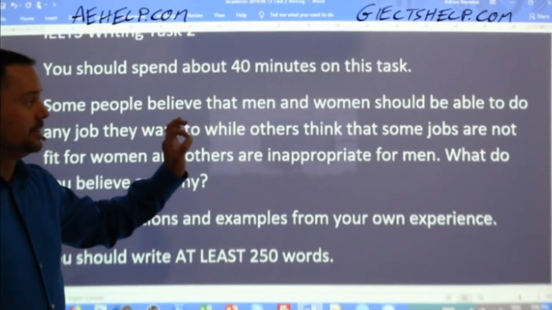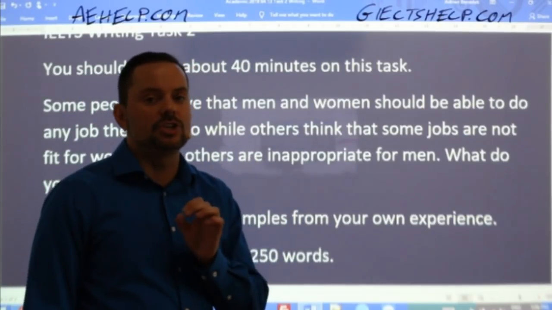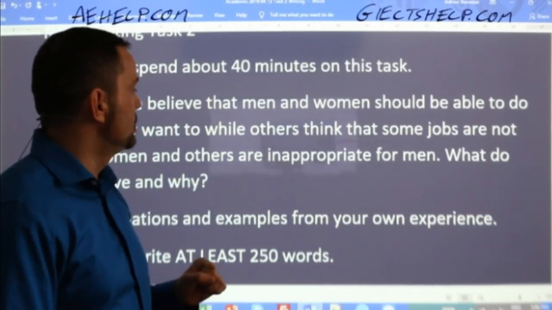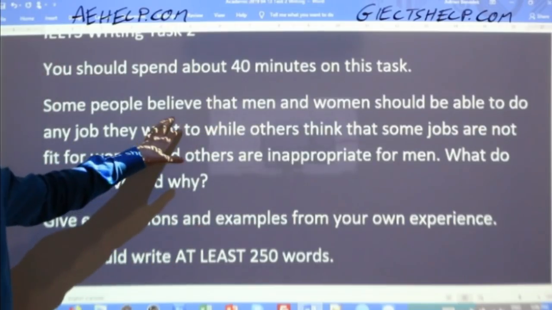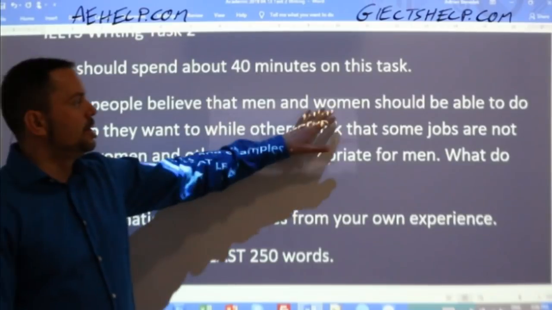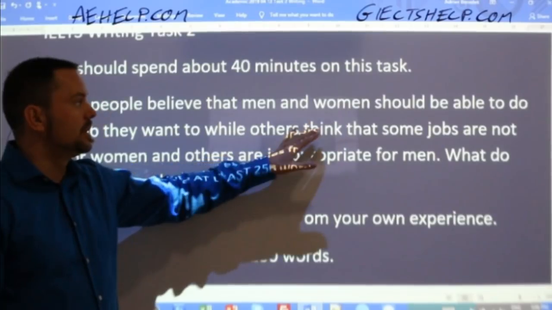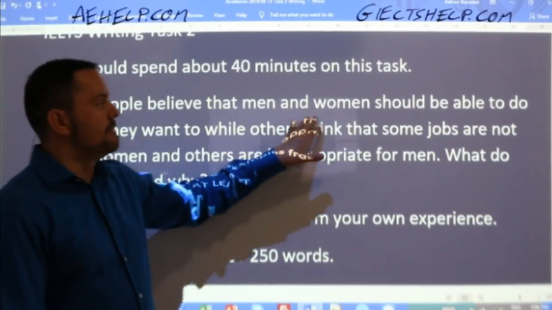Here's a hint, students. When I ask you what is the topic, in most situations, especially well-written questions, the topic usually comes at the beginning. Okay? So some people believe that men and women. Notice how it doesn't say, so some people believe that certain jobs. It starts with some people believe that men and women.